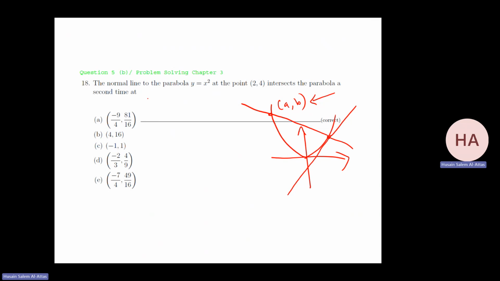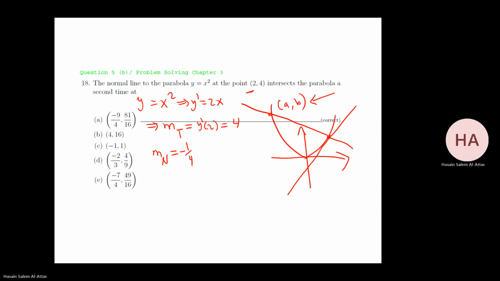First, I find the tangent line or the slope, and find the normal line first. y equals x squared, so y prime equals 2x. The slope of the tangent at 2, which is y prime at 2, is 4. So the slope of the normal is minus 1 over 4.